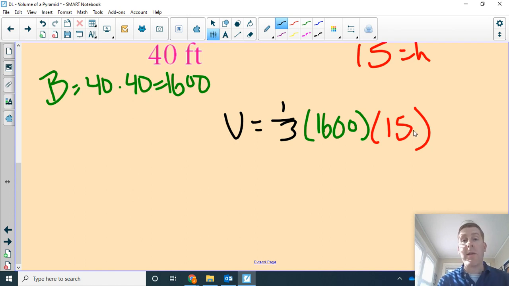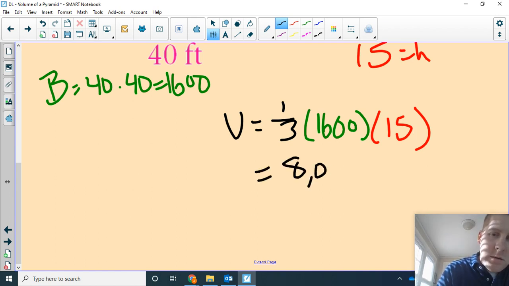Or if you have the fraction function on your calculator, you can plug in 1/3 and multiply it by 1600 times 15. Regardless, you should get a volume of 8,083, and it's three-dimensional space, so it's feet cubed.